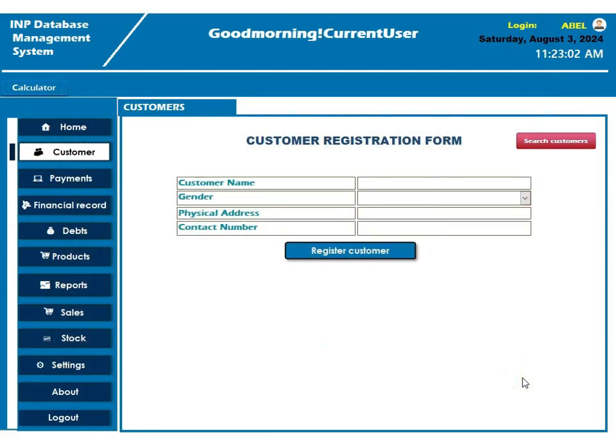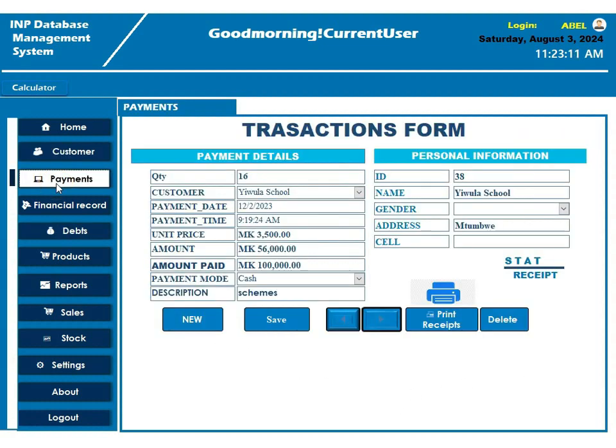Okay, after successful registration of the customer, now you can do transactions. Remember, this database is capable of producing receipts. You can produce receipts after you enter transactions.